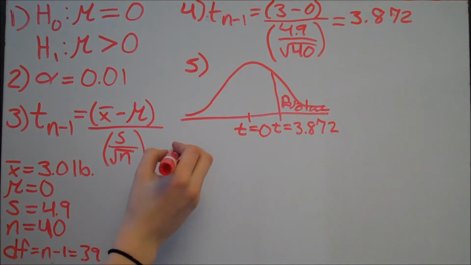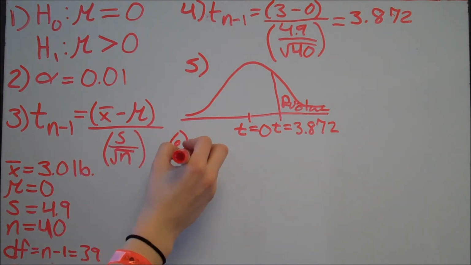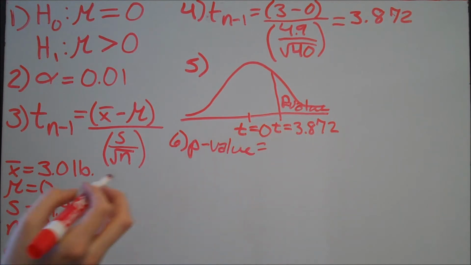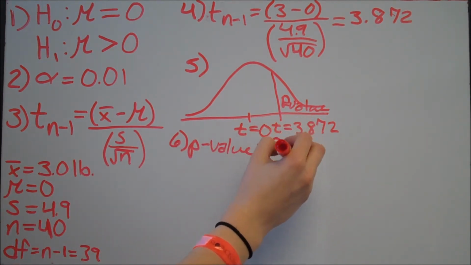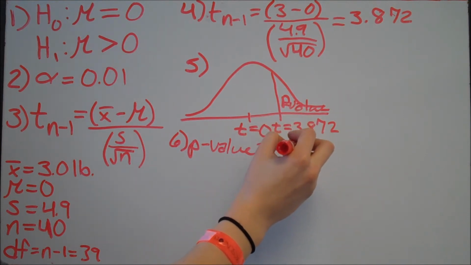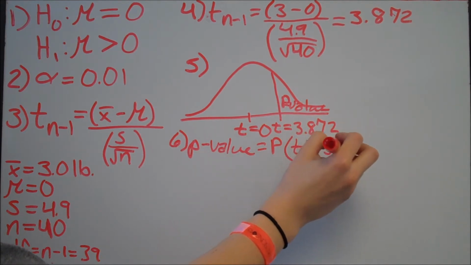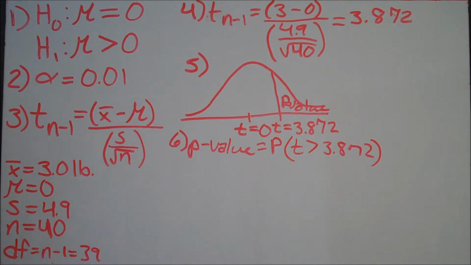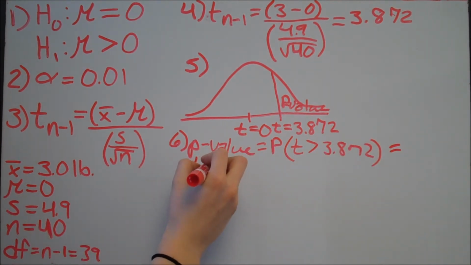Our next step, step 6, is to identify our p-value. So we're going to write p-value equals the probability that t is greater than 3.872. Now we can use a function in our calculator called TCDF to figure out what this equals.